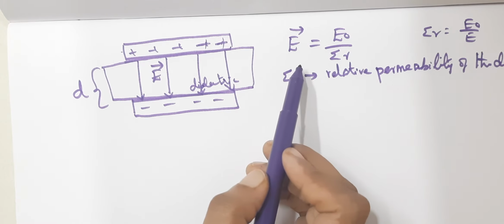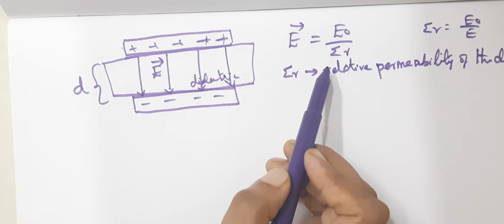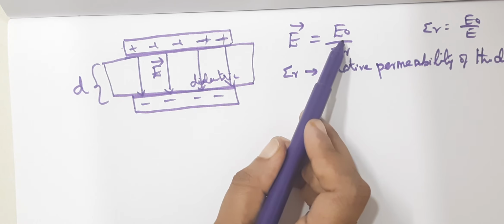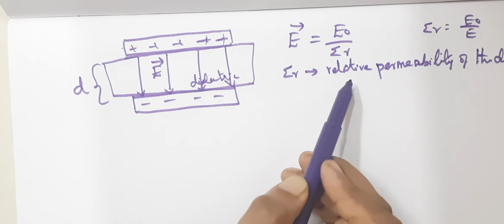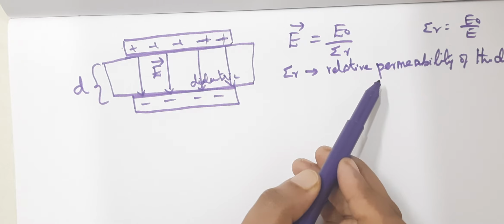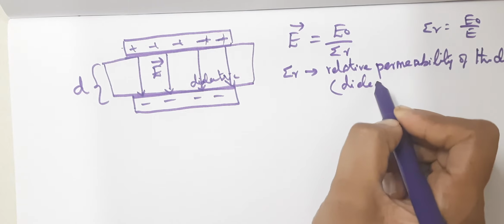So we can say the modified form of the electric field E vector equal to E0 by epsilon r, where E0 is the electric field inside the capacitor when there is no dielectric, and epsilon r is the relative permeability of the dielectric, or simply the dielectric constant.